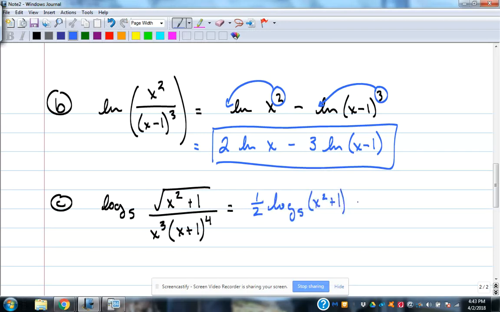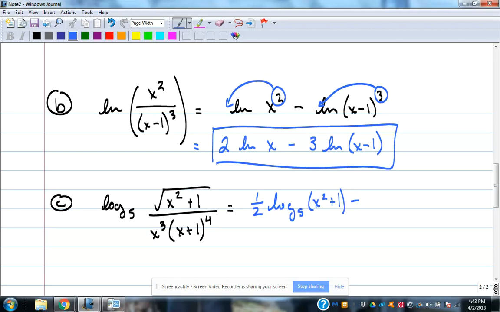Good job. Now, this denominator here's got 2 different things in it. So how many things am I subtracting? 2 different things, right? I'm subtracting log base 5 of x cubed and log base 5 of x plus 1 to the 4th.